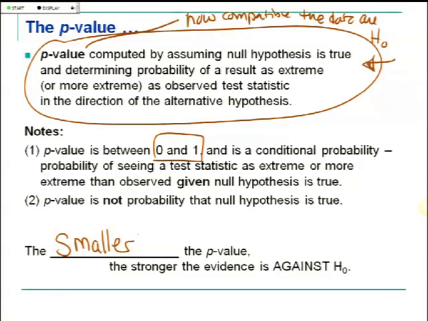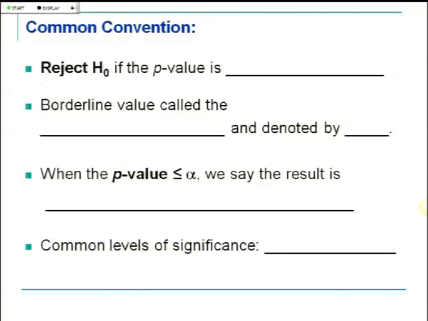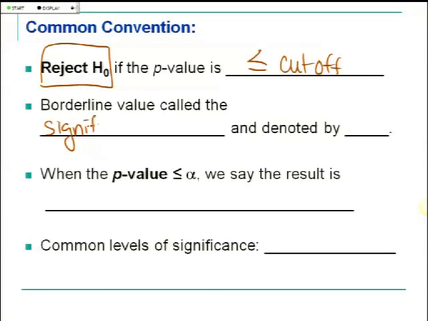In fact, we usually set up a particular rule for defining when you decide to reject H0, and you reject H0 if your p-value is small enough, less than or equal to some cutoff value, and that borderline or cutoff value has a name. It's called the significance level.